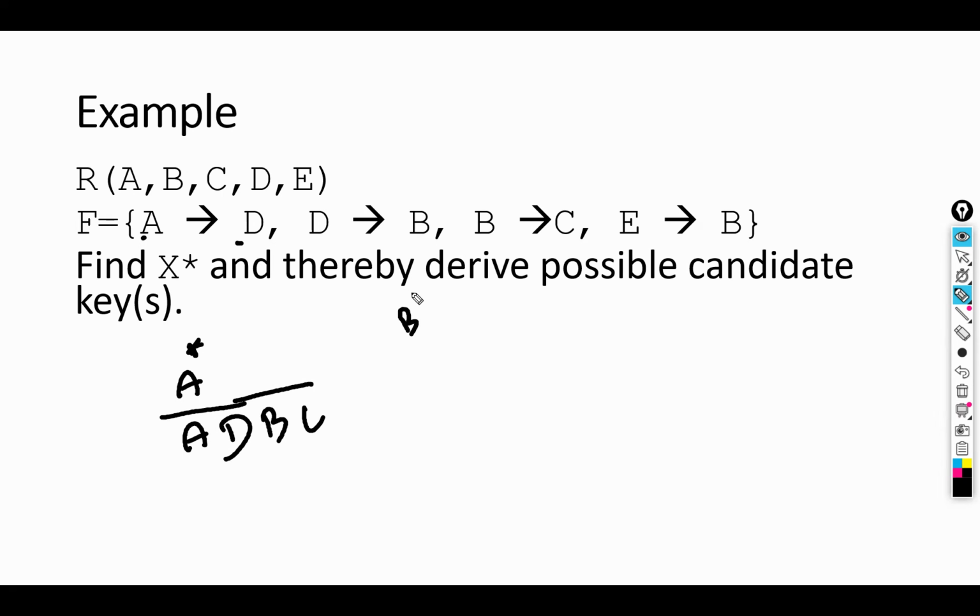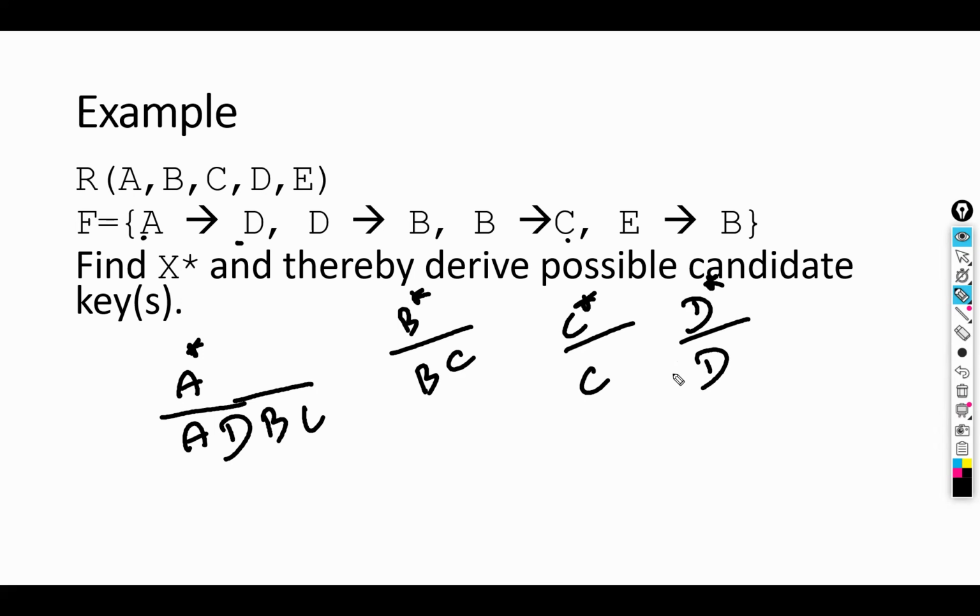So what about B closure? B determines B by reflexivity, and B determines C, and that's all. C closure. C determines C by reflexivity, and that's it, because C is not in the left-hand side of any of these. D closure.